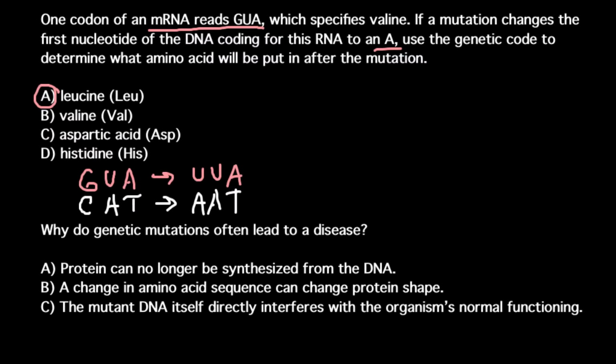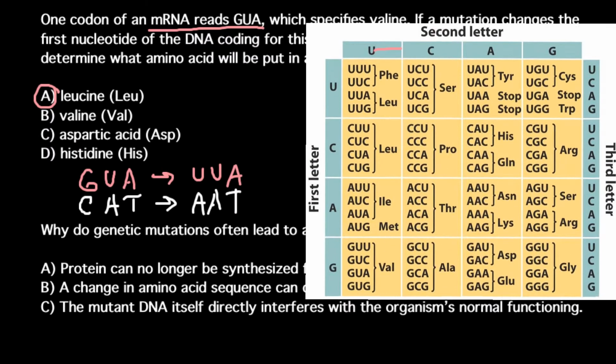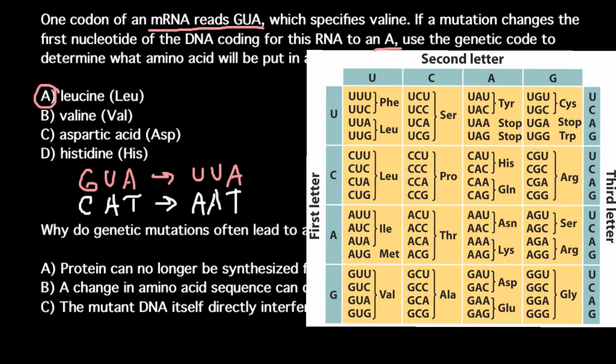This is not true, because as you see, according to this table, mutations usually lead just to a different amino acid if those mutations are in the first and second position. Mutations in the third position usually don't change the amino acid. It is still going to be the same amino acid, so such mutations we call silent mutations.